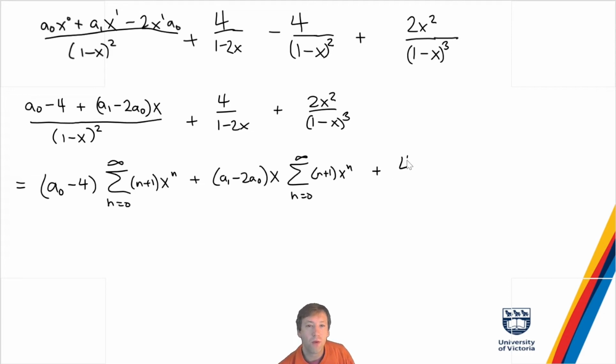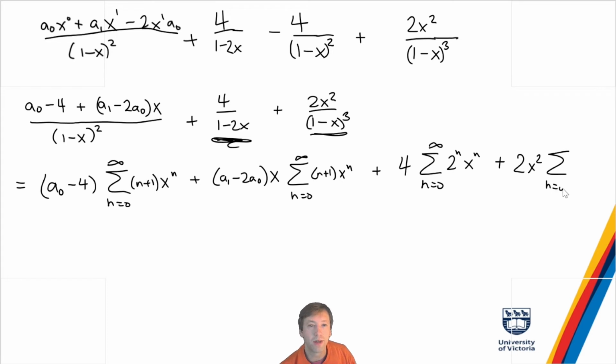Now I've got a 4, so I'm dealing with this term now, 4 times the sum n equals 0 to infinity 2 to the n x to the n. Now 2x squared for the last term, sum n equals 0 to infinity n plus 2 choose 2, x to the n. These are just from some formulas we've used a million times now, which I've just memorized.